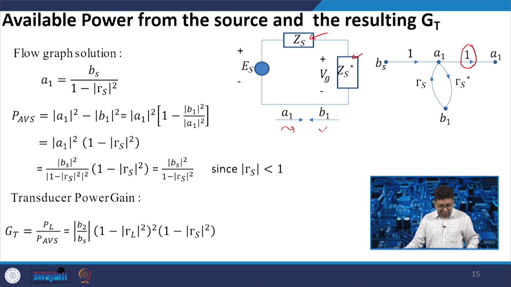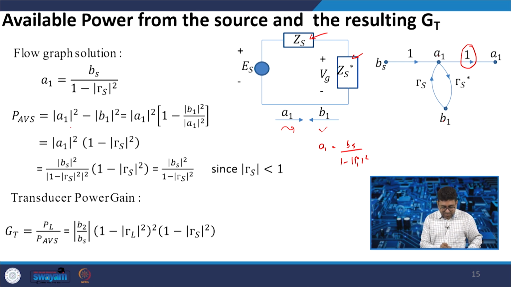So, what is A1 here? A1 we can directly write as Bs by 1 minus gamma s square, using this signal flow graph, because there is only one loop, that is gamma s square, and one path, that is Bs. So A1 by Bs is 1 by 1 minus gamma s square.